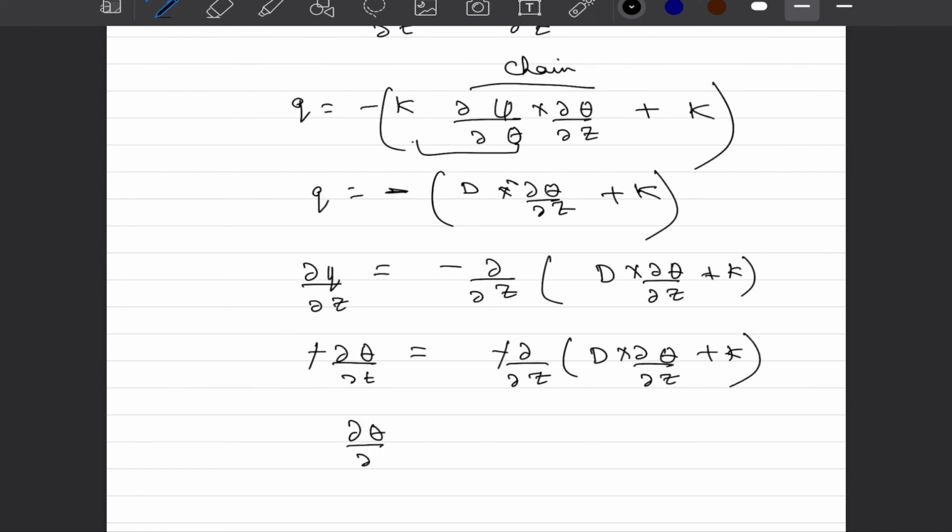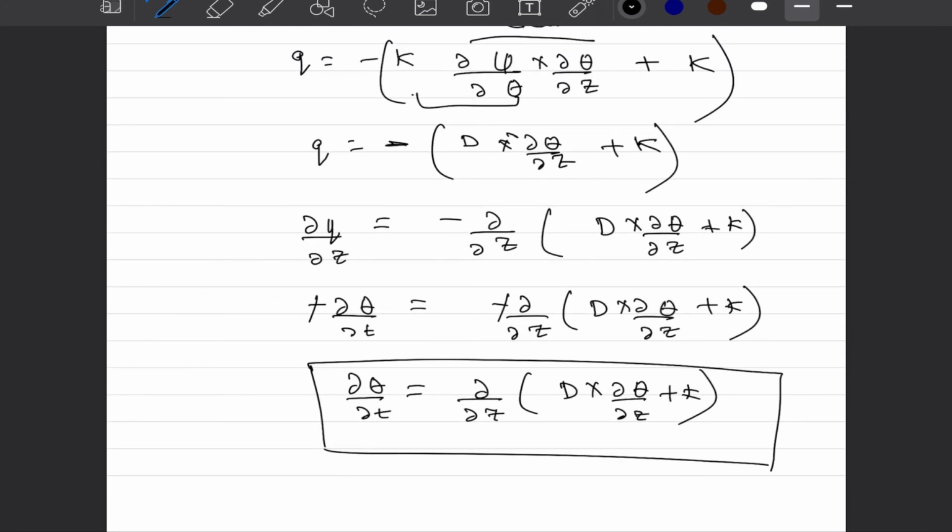So del theta upon del t is equal to del upon del z of D into del theta upon del z plus K. And you clearly see that if we want to understand at what rate soil moisture content is changing, all the terms in this equation are now expressed in terms of theta, and we have gone away from measuring suction, and this equation is typically known as Richards equation.